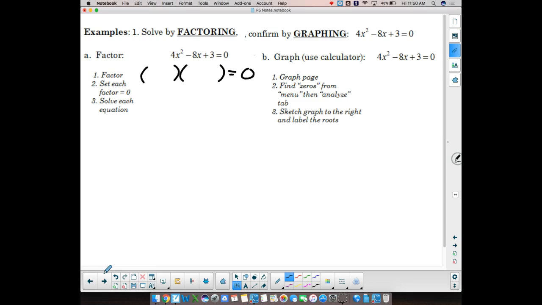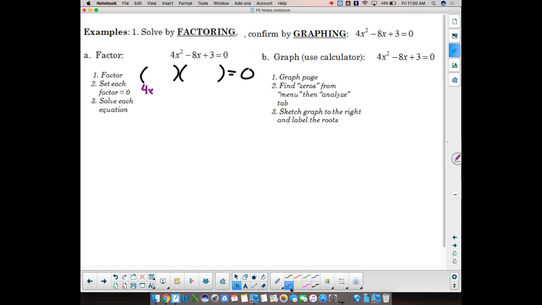What are my two options? What multiplies together to be 4x squared? 2x and 2x, or 1x and 4x.